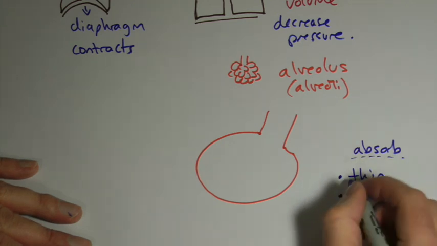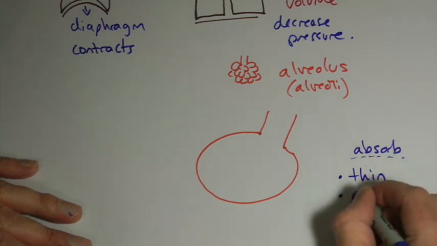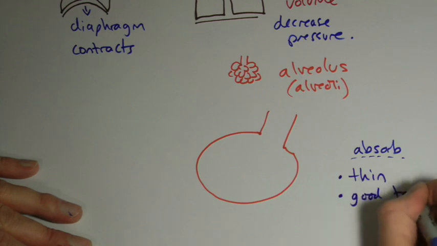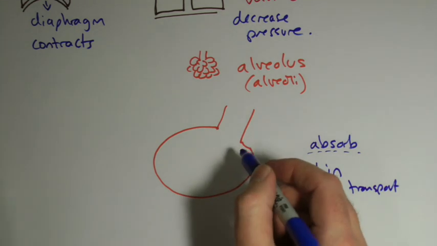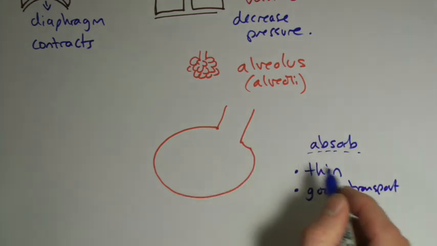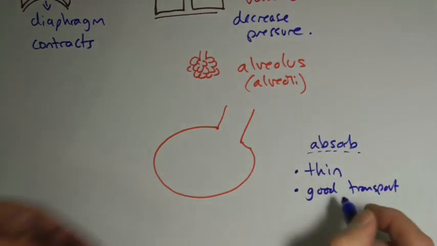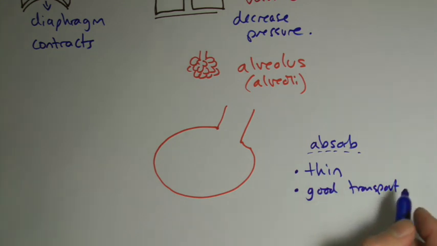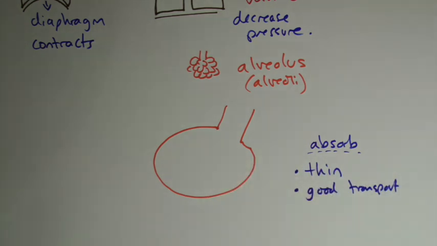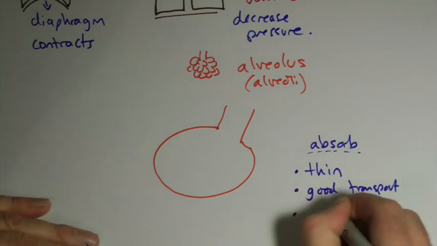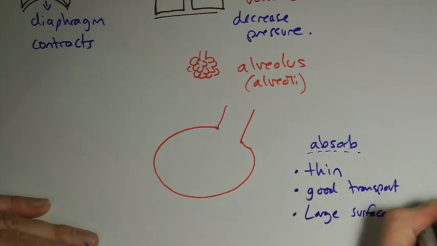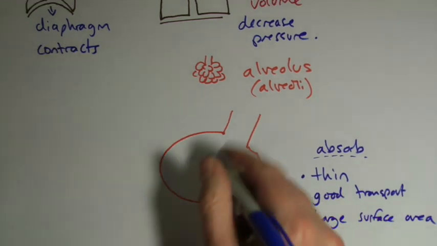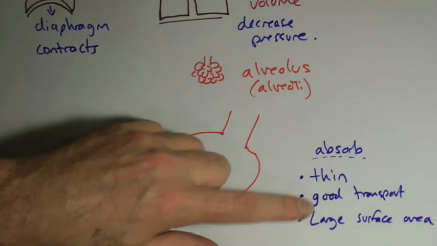You also want a good transport system, which in the case of your alveoli is going to be blood vessels. In the case of a leaf, it would be your xylem and phloem. And we also want a large surface area, and we achieve that by having lots and lots of them. So: thin, transport, large surface area.